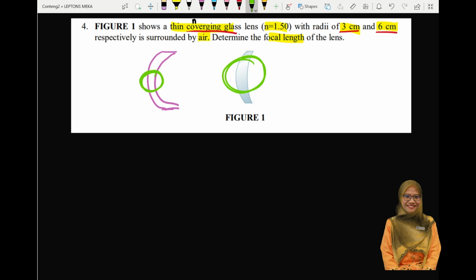So you have the comparison. Jangan tengok bentuk macam hafal, tak boleh. Salah tu. So this is the converging. Therefore, this surface has the smaller radius. So this is the 3 cm while this one is the 6 cm.